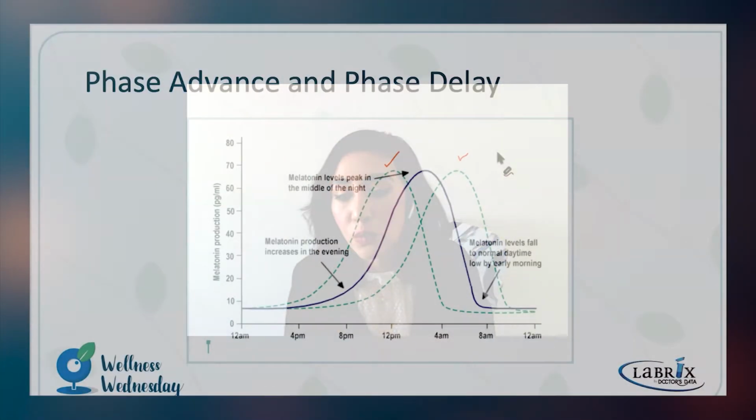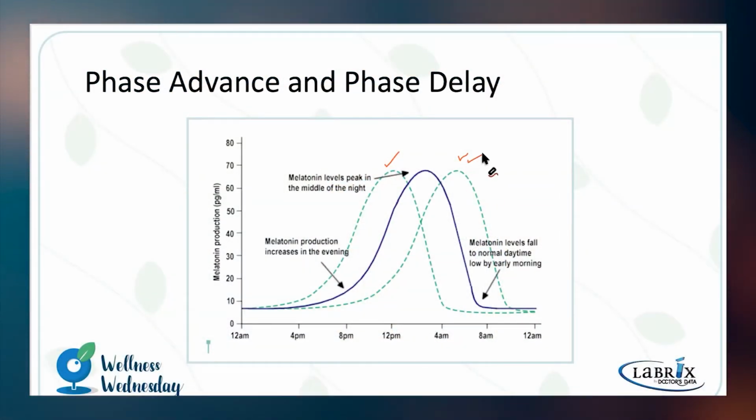And this means that the phase of the melatonin secretion is actually delayed, and they are secreting larger amounts of melatonin right after the 2 a.m. to 4 a.m. peak.